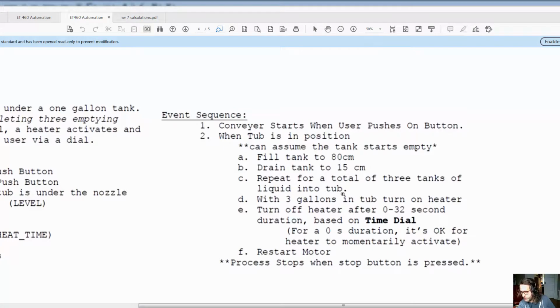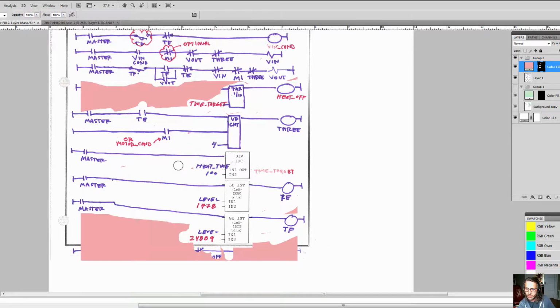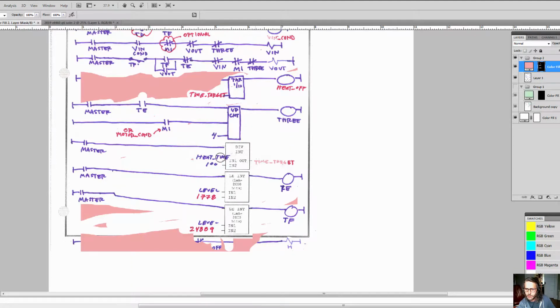So the 3 gallons in the tub turns on the heater. So that's basically my last rung here. Sorry, I never unscratched or scratched this off. Okay, so my last rung here is the heater. And so what are the heater conditions?